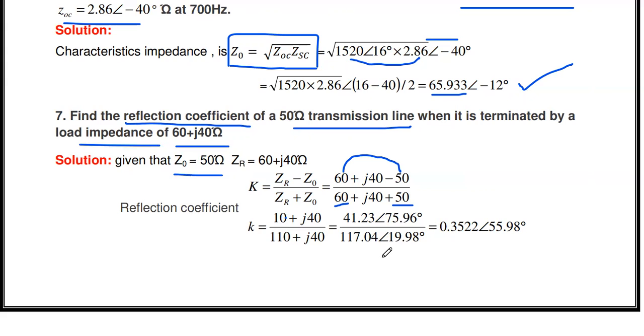Then we have to divide the two. 41.23 divided by 117 gives 0.3522. And if the angles are in division, you just subtract them, so we get 55.98 degrees. So this is the reflection coefficient.